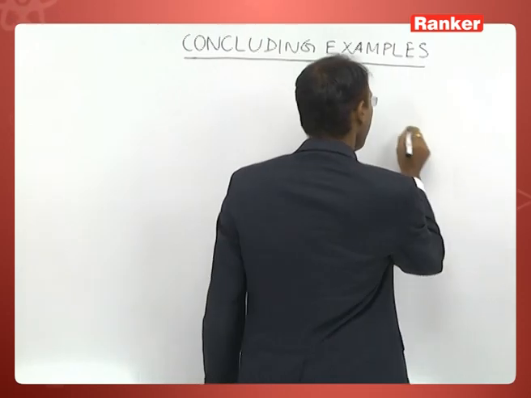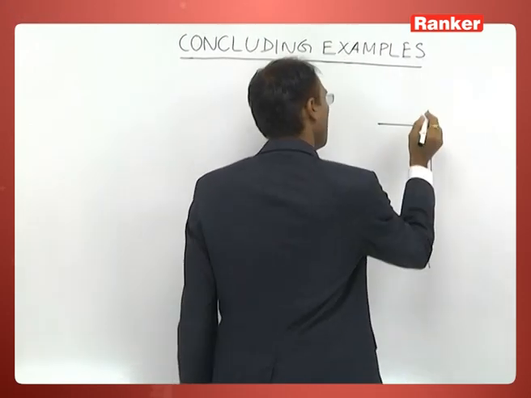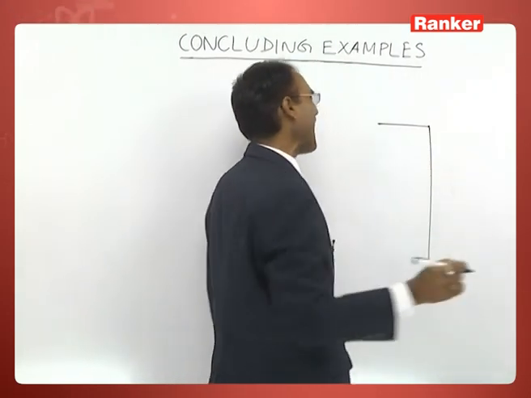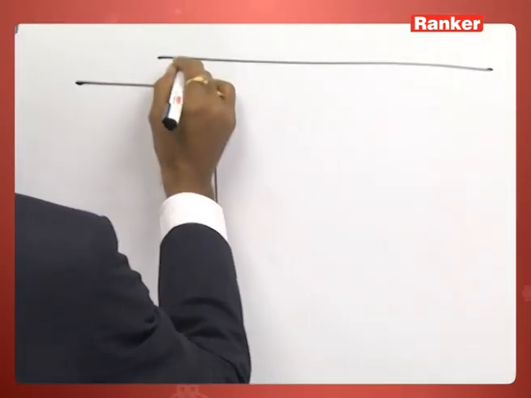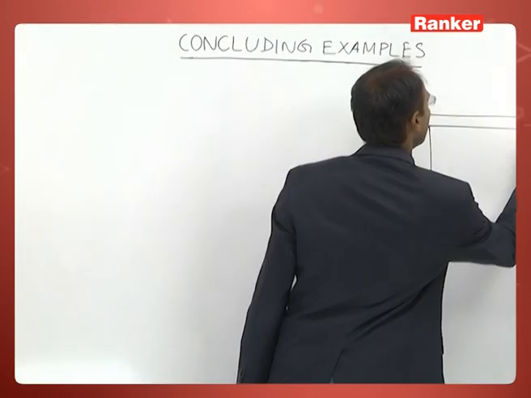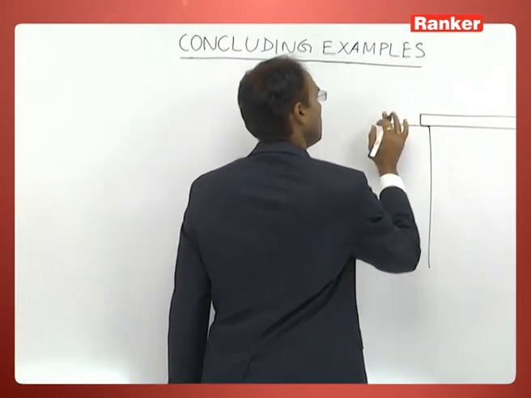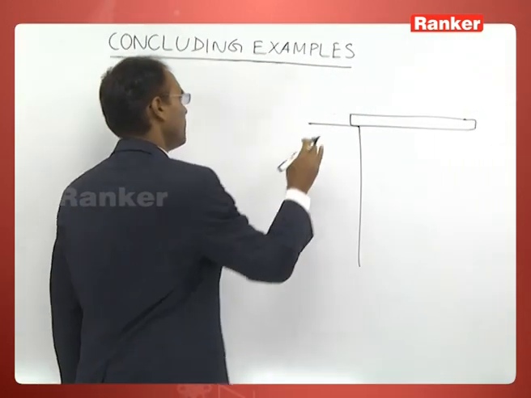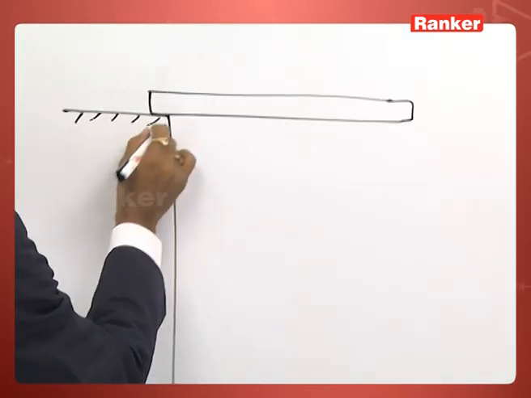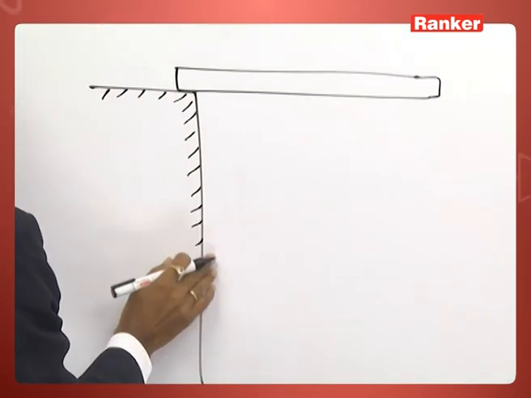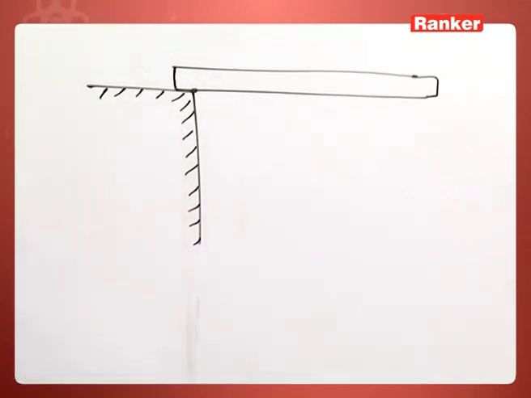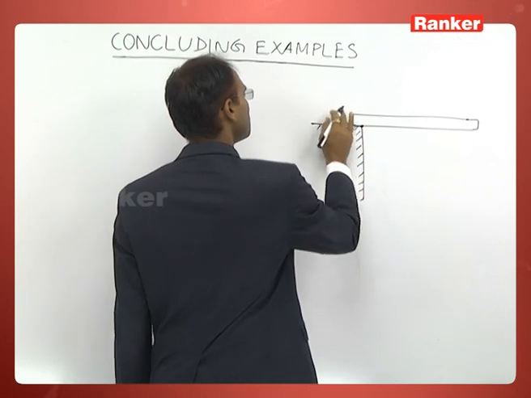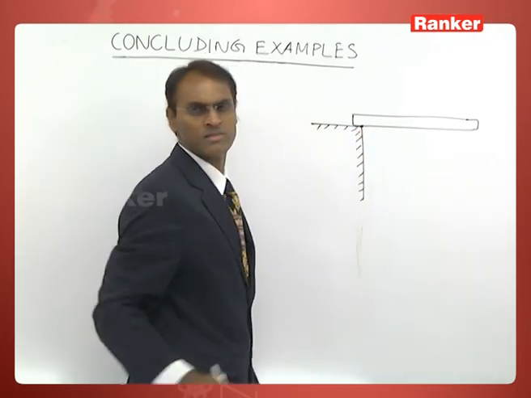Let us take the example of rotation about a fixed axis. Here is a rod. The rod is placed horizontal on this surface, so that sufficient friction is there and the rod doesn't slip while it rotates.